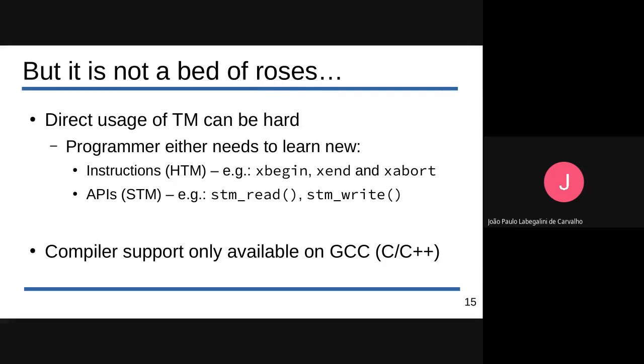If they don't need to learn or don't want to learn those instructions or APIs, they need to rely on compiler support. And this compiler support is only available on the GNU C compiler for C and C++.